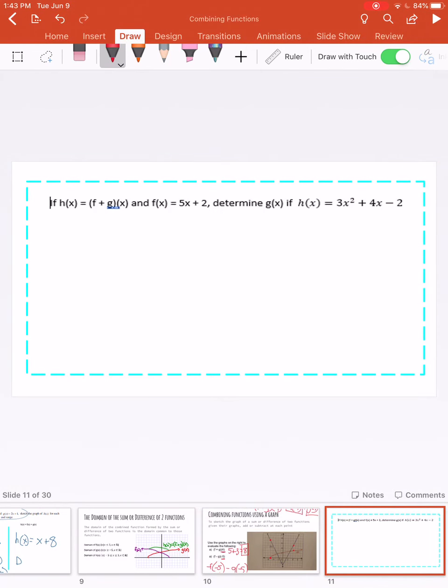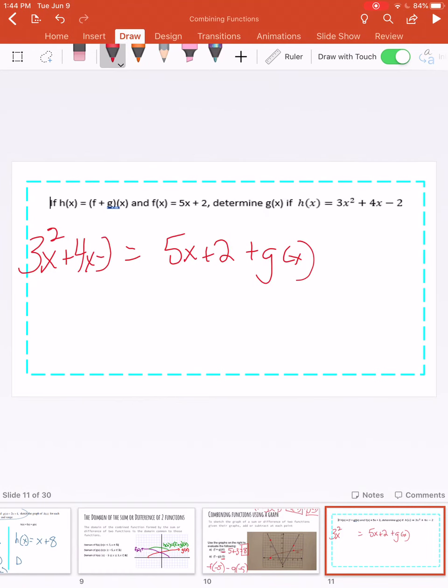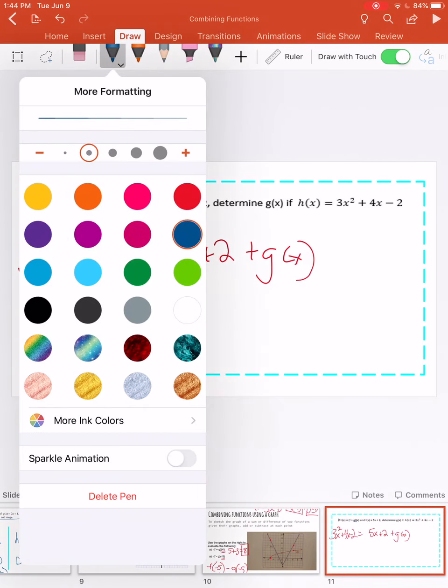Okay, here's another example. This one is just a little bit of thinking outside the box. This time they give you f at x, which is 5x plus 2, you're trying to find g of x, and they give you h at x. So you know this whole function should equal 3x squared plus 4x minus 2. So really you're just looking at what's missing.